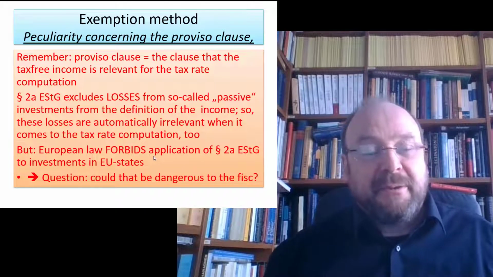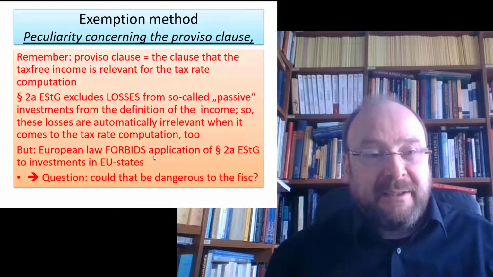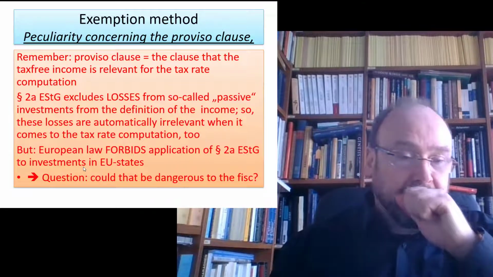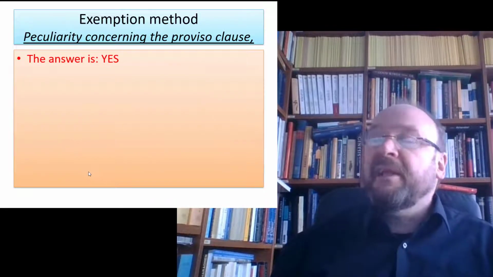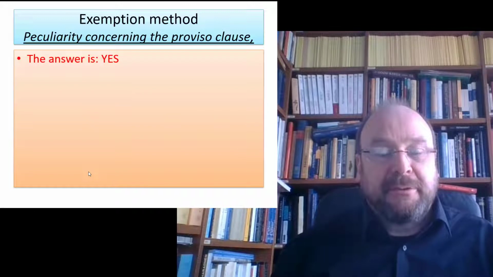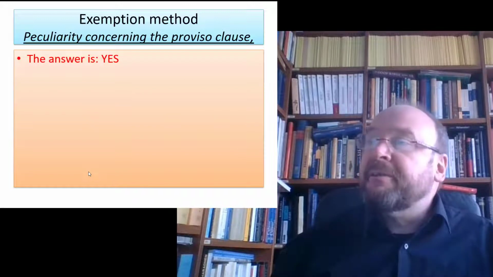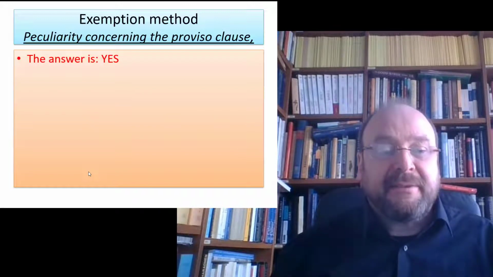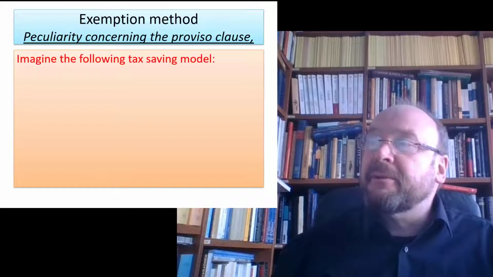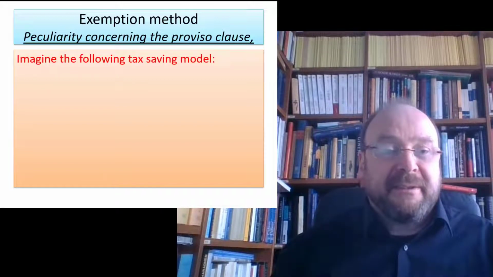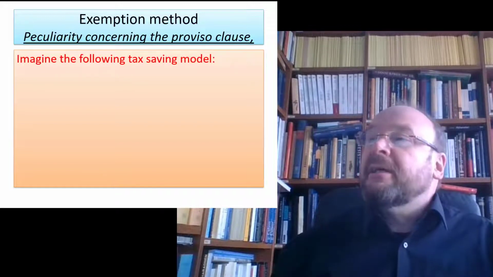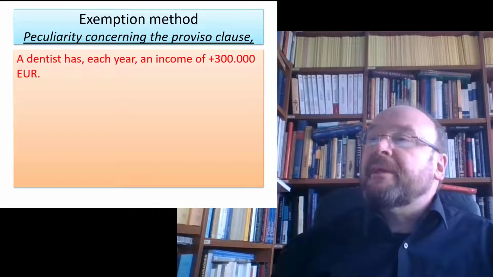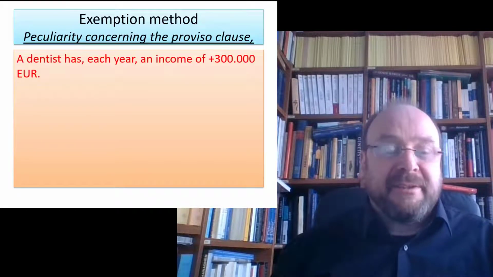Now the question is, could that entail any risk for the fisc? Sorry. And the answer is yes, it could. That's a bit difficult to understand as long as you don't see a concrete example. So imagine the following tax saving model, and it looks like this. Imagine there is a dentist.